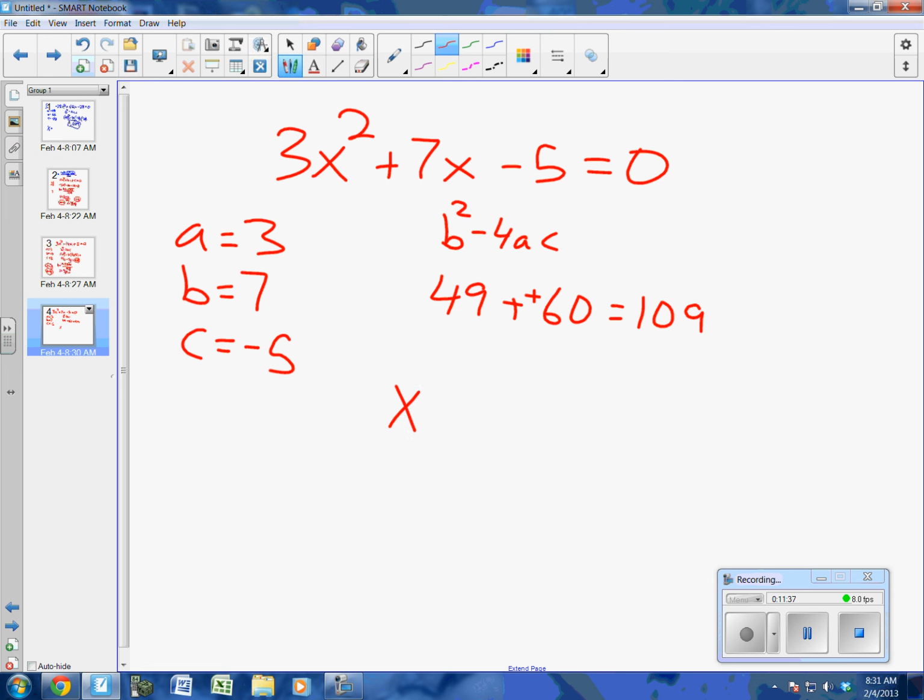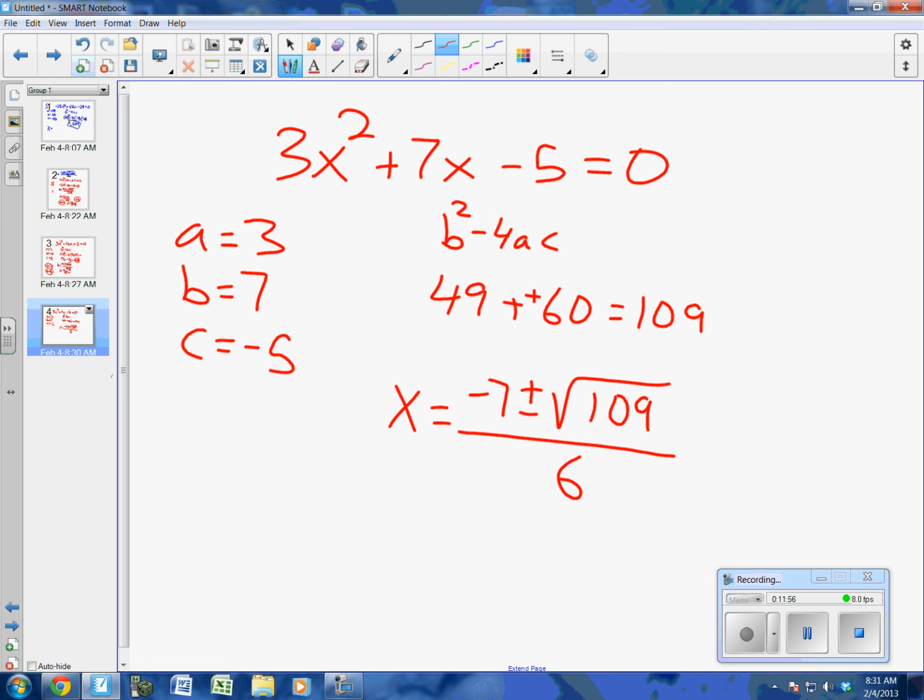Okay, so we have our discriminant. X equals negative b. What's negative b going to be? Negative 7 plus or minus the square root of 109 all over 2 times 3 is 6.